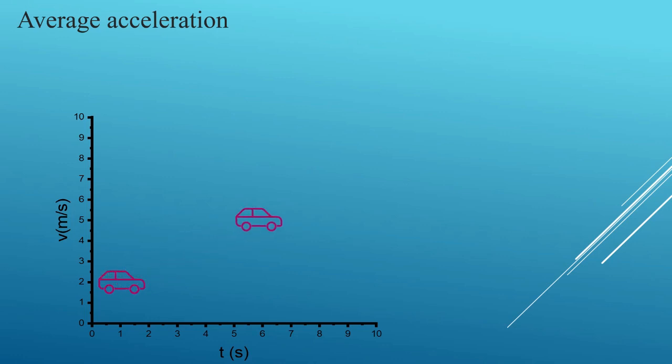So how about the second example we wrote for the average velocity? Here again, I have velocity on the y-axis, right? So what I'm going to do for the acceleration is v2 minus v1 over t2 minus t1, and we know the answer is going to be 5/3, right?